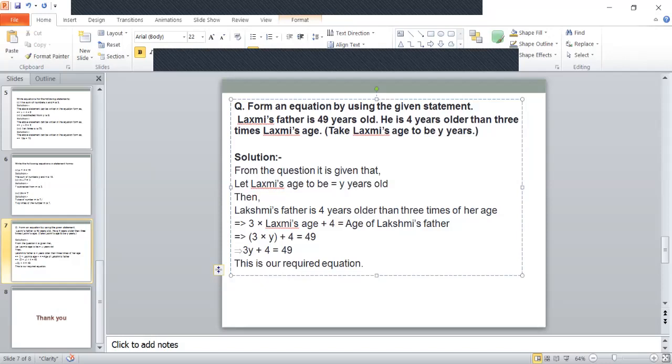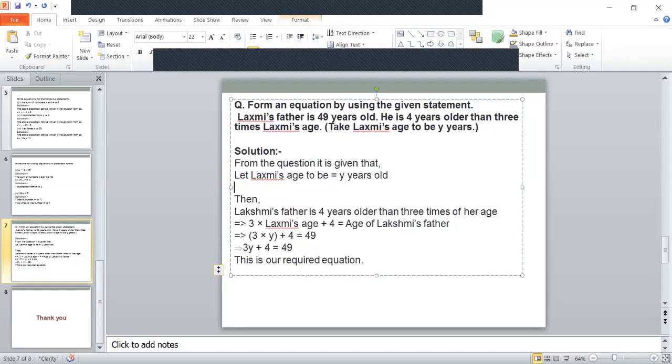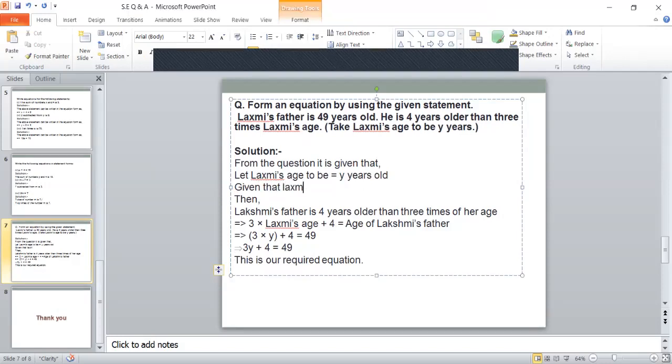Again I am writing here. What is the father's age? Given that Lakshmi's father's age is equal to what? 49.